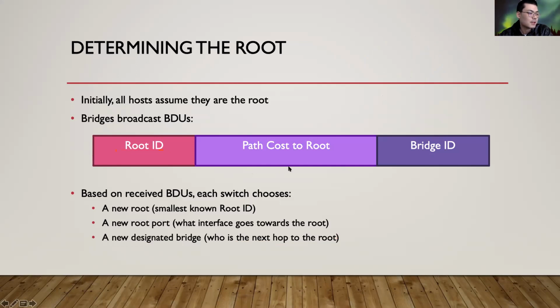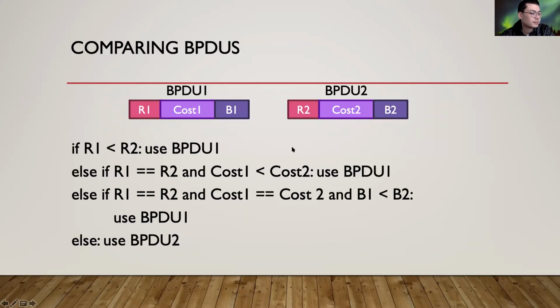We want to get a path cost to root, and we'll always choose my neighbor bridge which has a smaller cost to root. So here's an example. Let's say this is the current bridge, and this is an upstream bridge which is sending stuff to me. Who should be my next hop to the root? I should choose one of them.